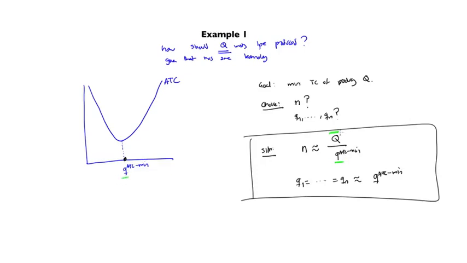When this ratio is very high, you want a lot of firms. When this ratio is very low, you want a very low number of firms. Let me emphasize that this is an approximation, and some of you are very careful and may want to play with what exactly is the solution when this is not an integer, but that is not particularly economically interesting, which is why I'm stating the solution like this.